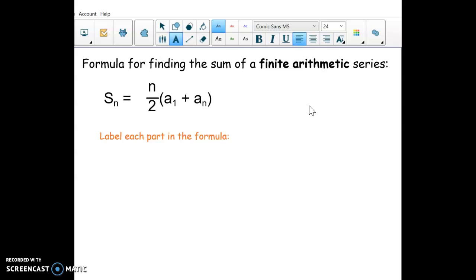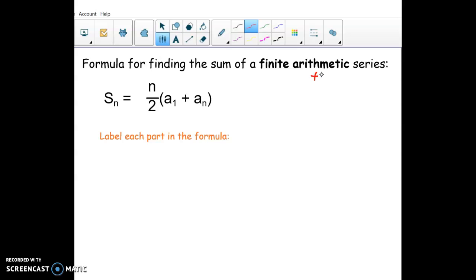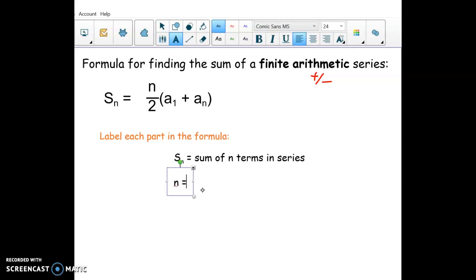Okay, so finding the sum of a finite arithmetic series. This would be a series that ends and is an add-subtract pattern. S of n is the sum of the first n terms, or the sum of however many terms are in the series. N just stands for the number of terms in the series. So for summing 8 terms, n would be 8, and then you'd have S sub 8, the sum of 8 terms.